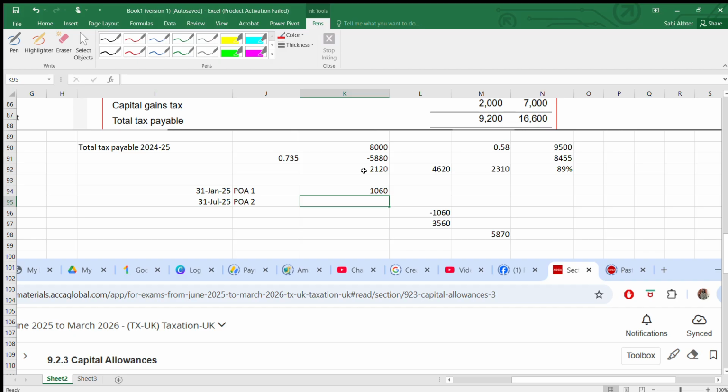So this will be your payment on account. So there will be nothing that is left. Why? Because this and this, if you calculate, you will deduct from 2120. So nothing will be remaining. It will be 0, nil.